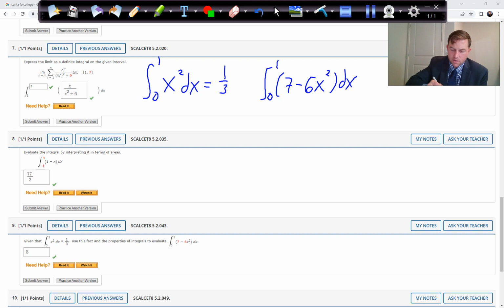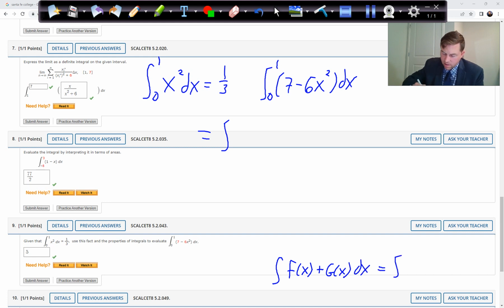Okay, so this is going to equal the integral. I should write this formula somewhere. Let's write it down here. If you have the integral of f of x plus g of x dx, you can split that up into the integral of f of x dx plus the integral of g of x dx.